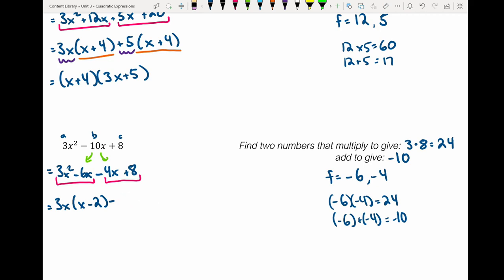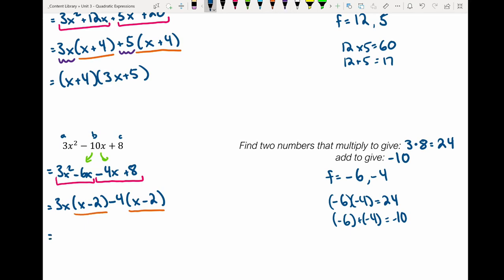So what we have to do is go back, and we have to include that negative in front. So if I want to factor something out, in this case, I'm going to factor a negative 4 out. So we do have to include the sign. And when I factor a negative 4 out, I'm left with x minus 2. And now I have the same bracket.